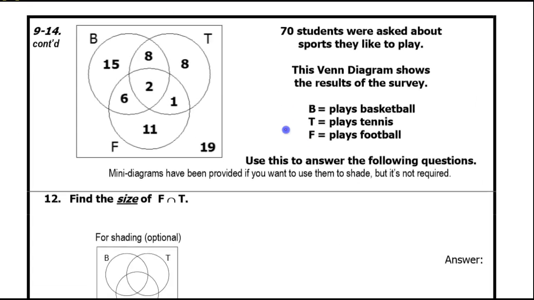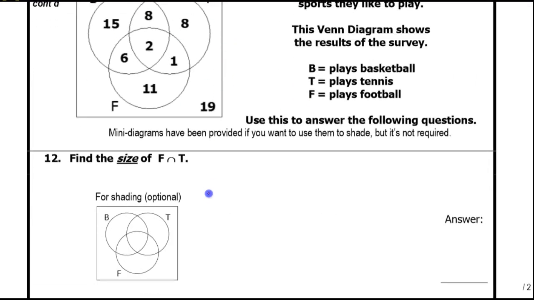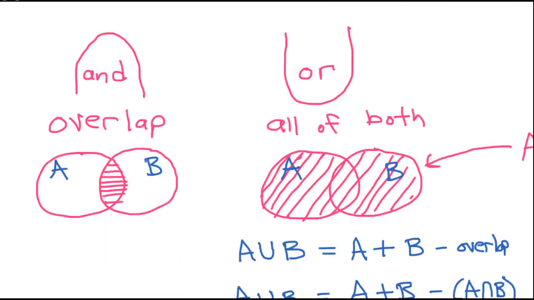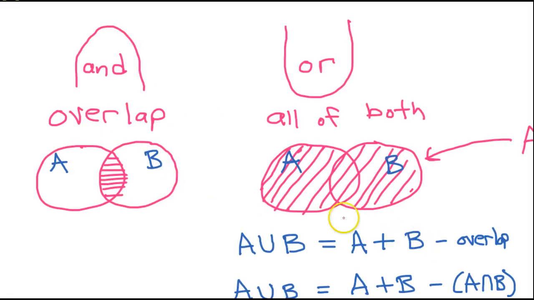Now, we're moving on to another page, but it's the exact same scenario. What is the size of F and T? Now, it's time for me to add a little bit to the notes that we started. In addition to everything we already have written down, I want to add one more concept.